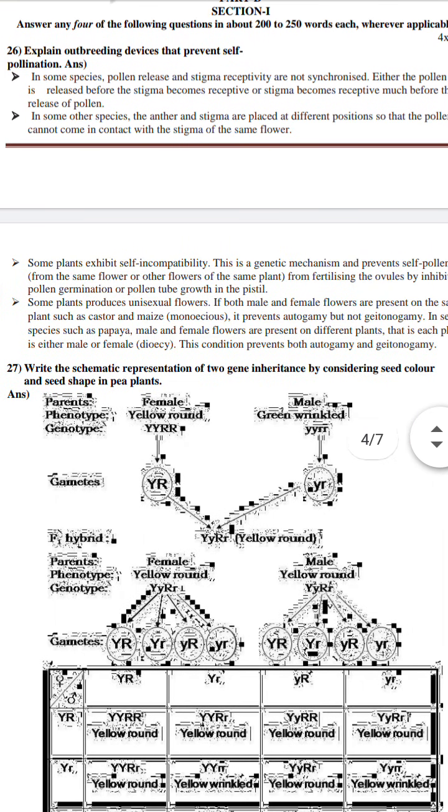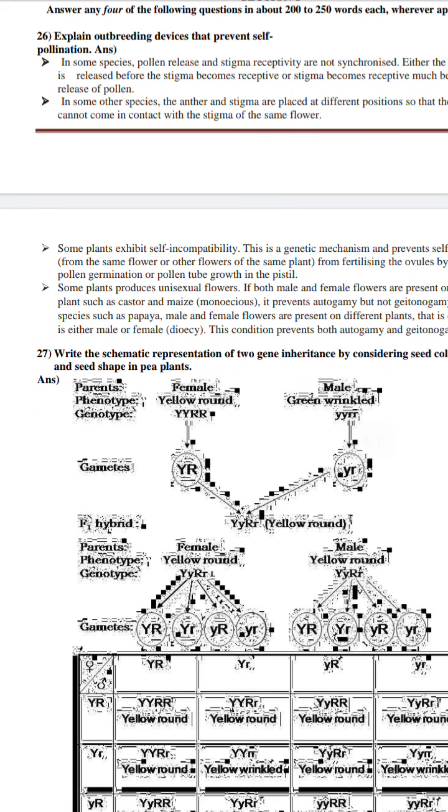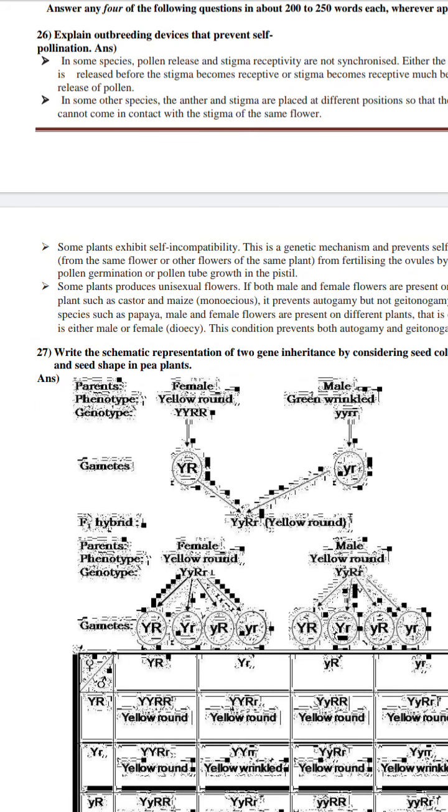Understand? So here, for this question, an elaborate explanation is required. And in that answer, you must mention clearly the different outbreeding devices to prevent self-pollination, and make sure the answer is between 200 to 250 words. Write very neatly. Neat handwriting will be impressive, and write point-wise.